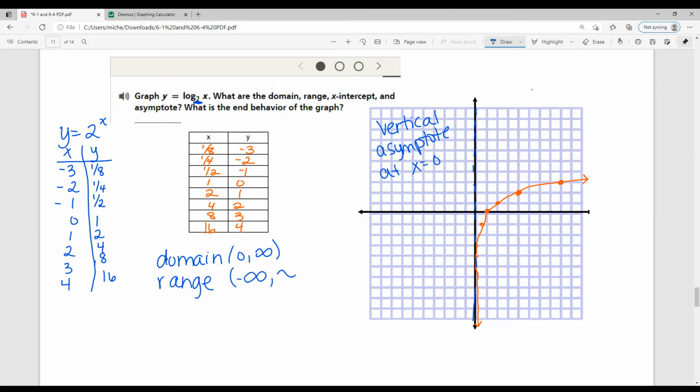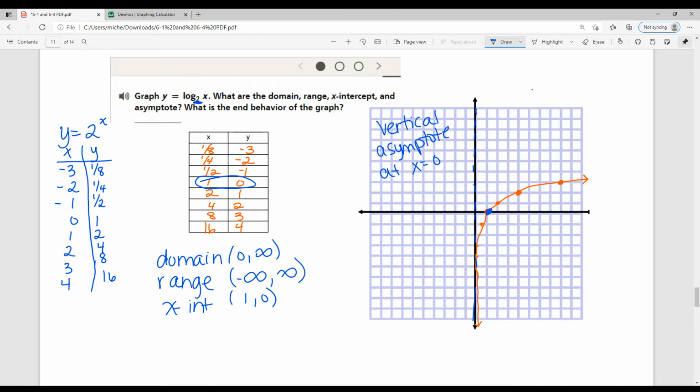Now, if you look back, you'll see that since the x and the y are switched for 2 to the x and log base 2 of x, the domain and range are also switched as well. The x-intercept would be, whenever y is 0, what is x? So here's the x-intercept, at 1, 0.